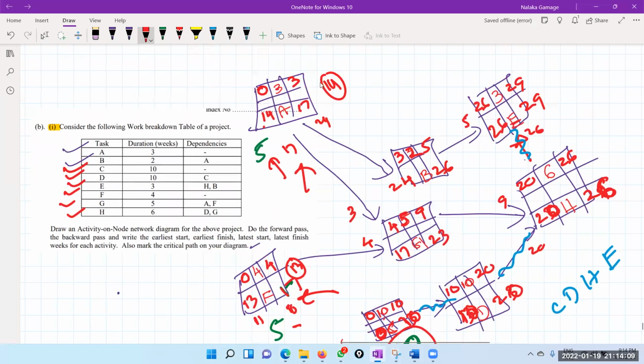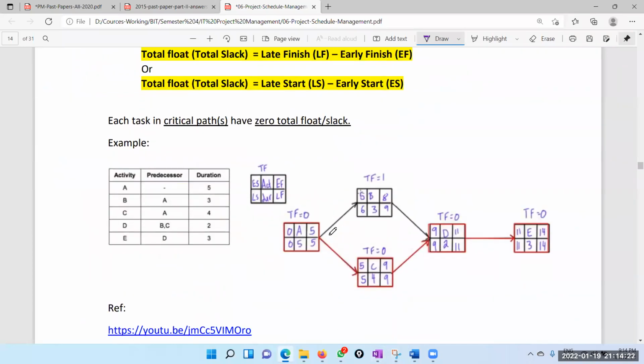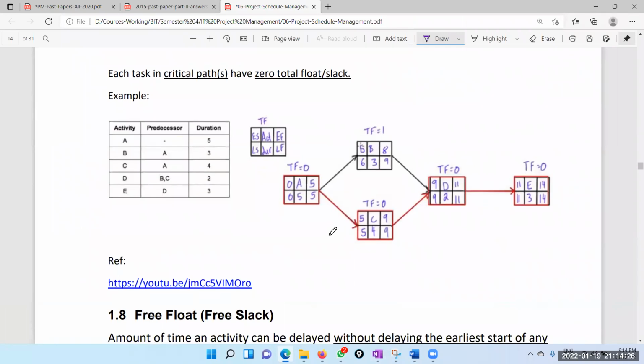Here the slack is 14. Actually, what we got as slack here is they are all total slack. They are all total slack. I hope that you can understand. Okay. Total slack. But the critical path activities, the total slack is 0. Right? So that is very important.